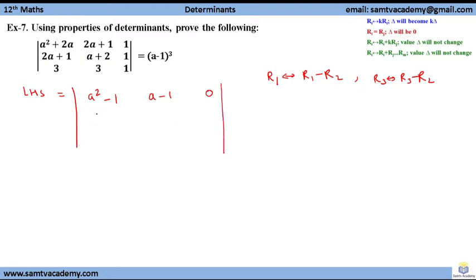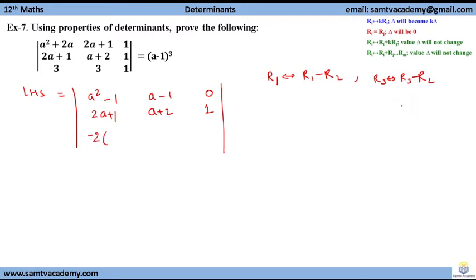Second row we will write as it is, 2a plus 1, a plus 2 and 1, and for the last row R3 minus R2 we get 2a minus 2.